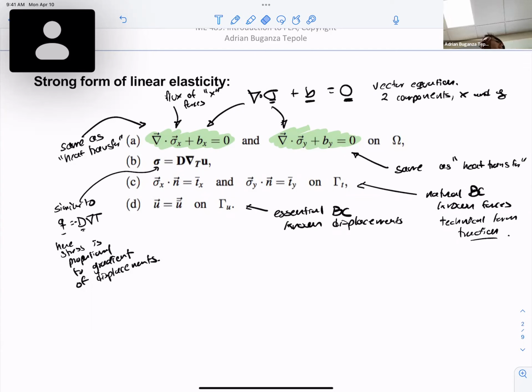It is in the book, but basically multiply the two equations by the weight function, sum them and integrate, and then do integration by parts, just like with the Green's formula, just like the heat transfer problem. Use boundary conditions. Again, the weight function should vanish on the essential boundary condition, and then you substitute the natural boundary condition.